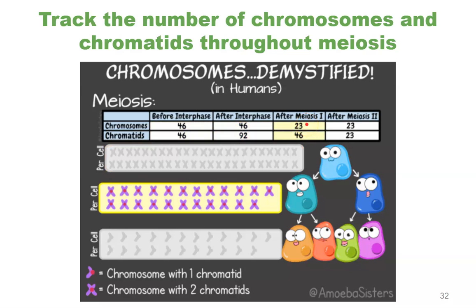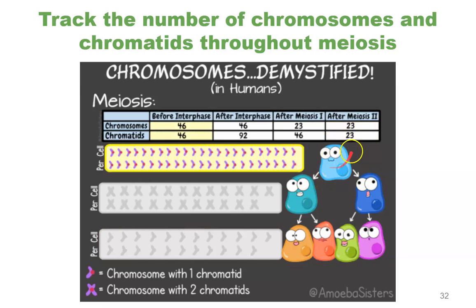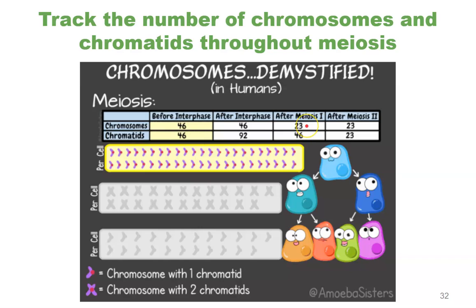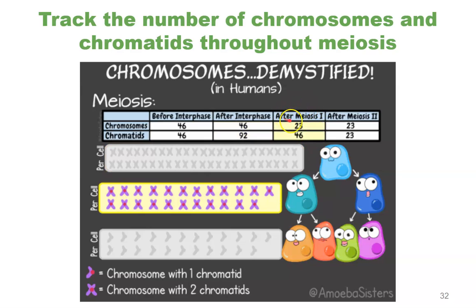So after meiosis 1, so this guy, prophase, it goes in the metaphase, all of these line up in the center, and then the homologous pairs get separated, and because it's a whole homologous pair getting separated, a whole chromosome, we end up with half the number.